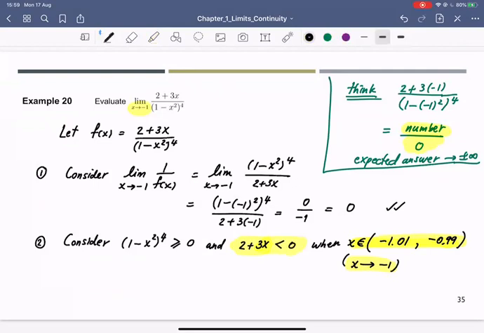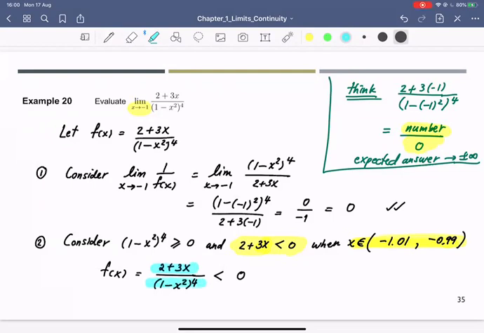If I combine everything together, I have f(x) equal to (2 plus 3x) over (1 minus x squared) to the fourth power. This is less than 0 because the numerator is negative and the denominator is positive, so the ratio must be negative.